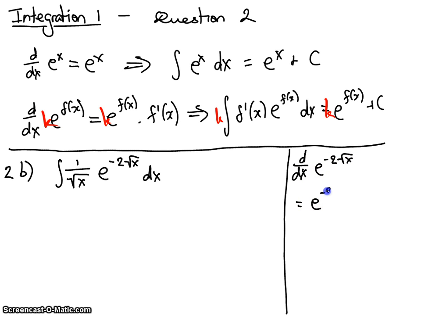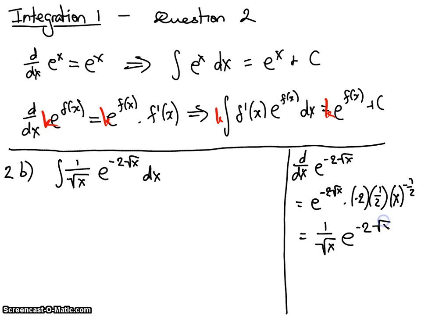I'd end up with e to the negative 2 root x still. Then I would get my negative 2. And then this is the same thing as x to a half, so I'd get a half coming down and then x to the power of negative a half. This is actually equal to 1 over root x e to the negative 2 root x.